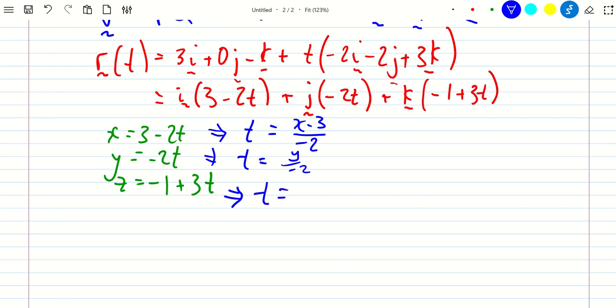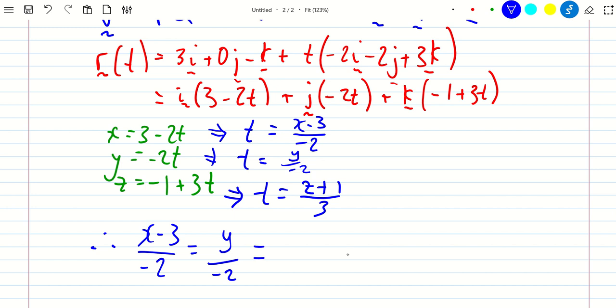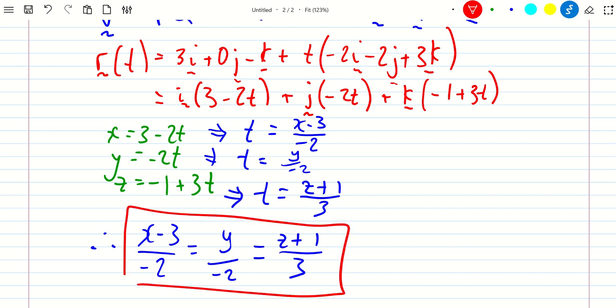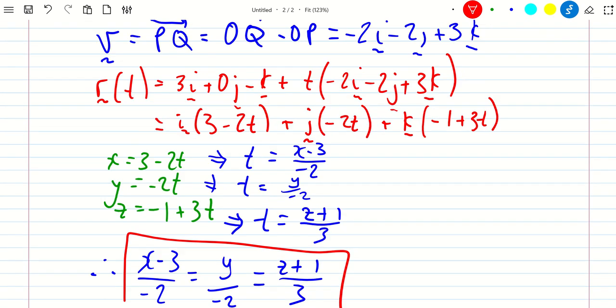And for the third one, t is equal to z plus 1 over 3. And so I've got my 3 t's, and I can equate those. So I have x minus 3 over negative 2. You can do some fancy stuff, like change that to 3 minus x over 2, but I'll just leave all of that for today. That equals y over negative 2, equals z plus 1 over 3. And that is the equation of my line that joins the points P and Q.